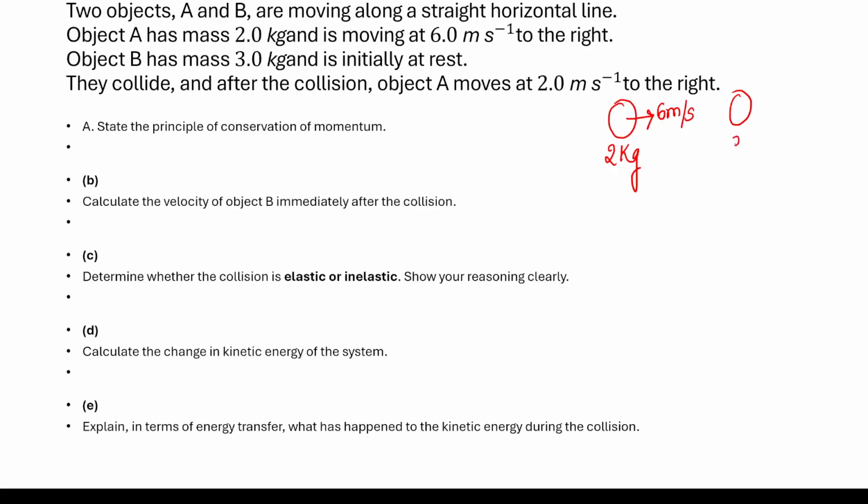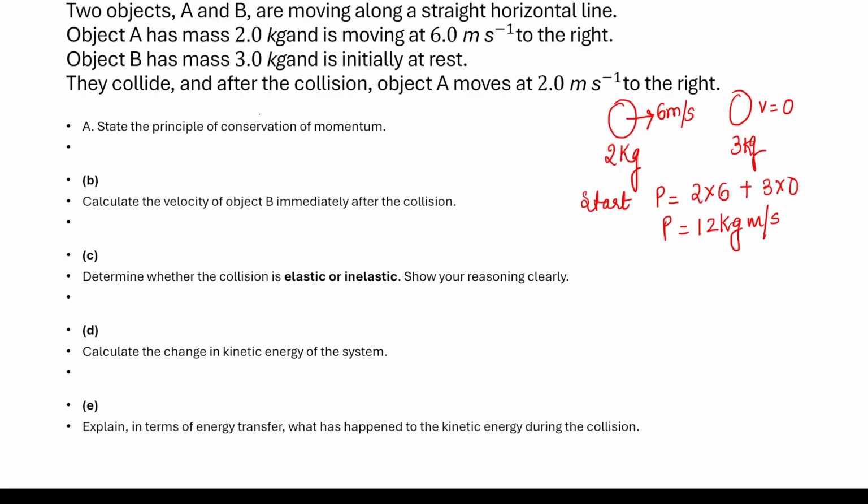This is 3 kg, and its speed is 0. So what's the starting momentum? 2 times 6 plus 3 times 0. So this is 12. The starting total momentum is 12 kg meters per second.